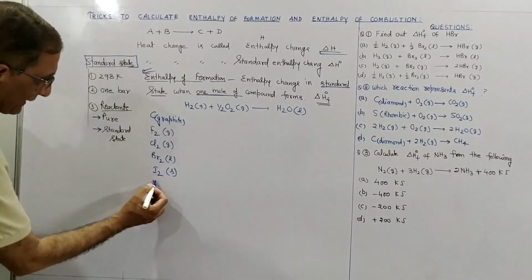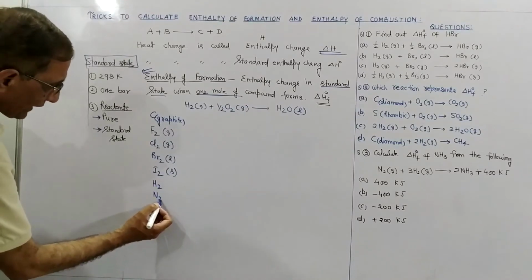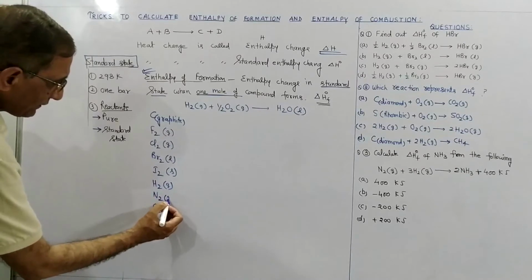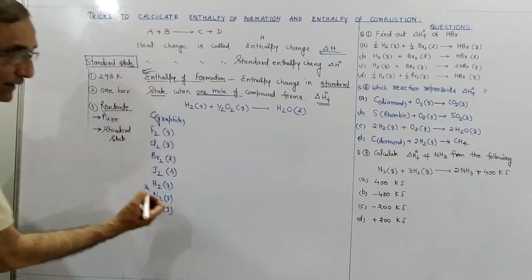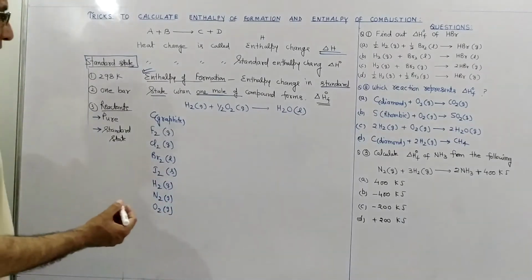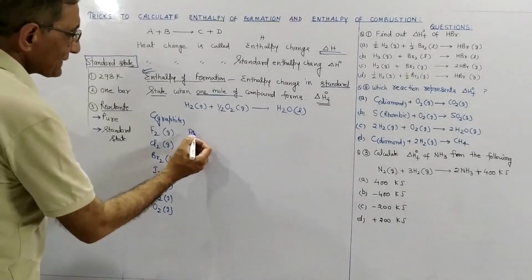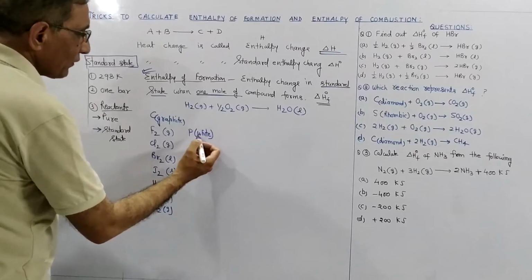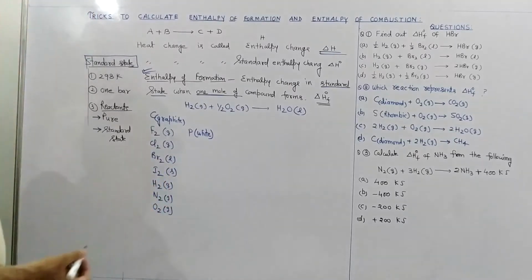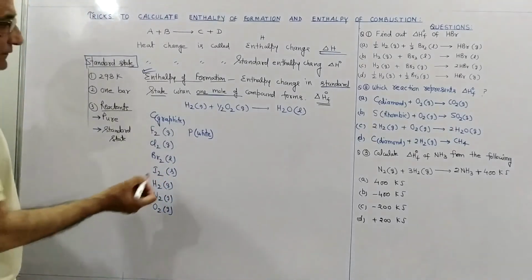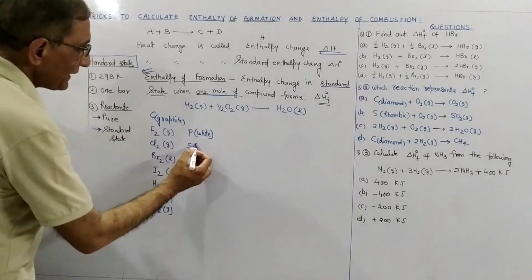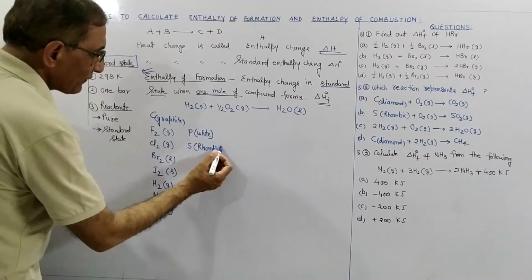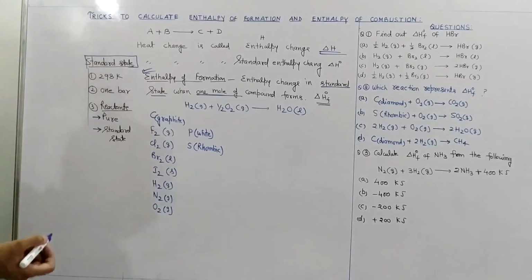Similarly, for diatomic gases H2, N2, O2, these are normal gaseous states only. If you find phosphorus anywhere, then it is white phosphorus, although phosphorus is found as red phosphorus and black phosphorus also. Sulfur is found in many allotropic forms, but you always have to take rhombic sulfur.